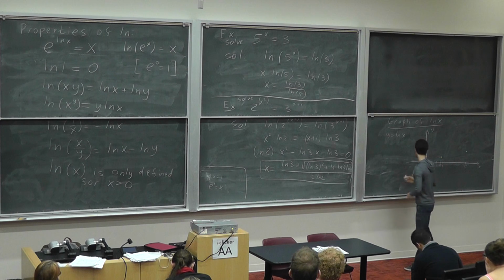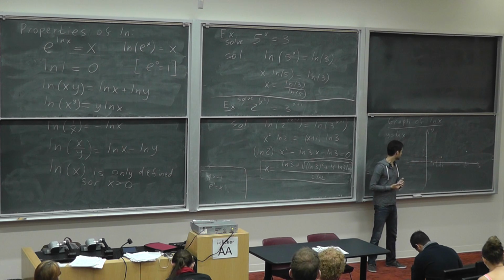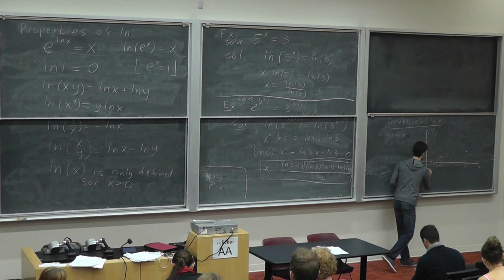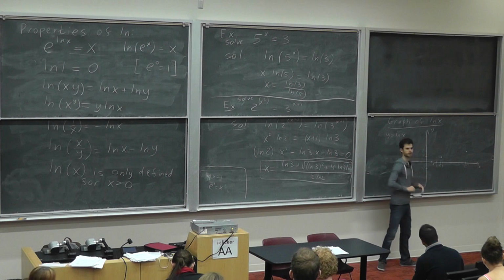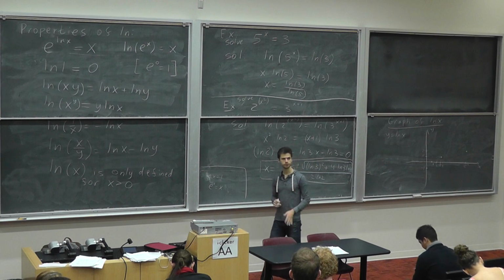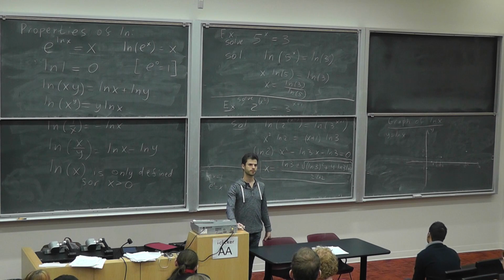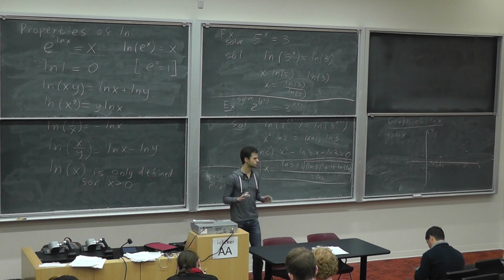Are there any other interesting values between 0 and 1 maybe? Let's see. When is the logarithm equal to minus 1? For what value of x is the logarithm going to be minus 1? Okay, so there are two separate statements.